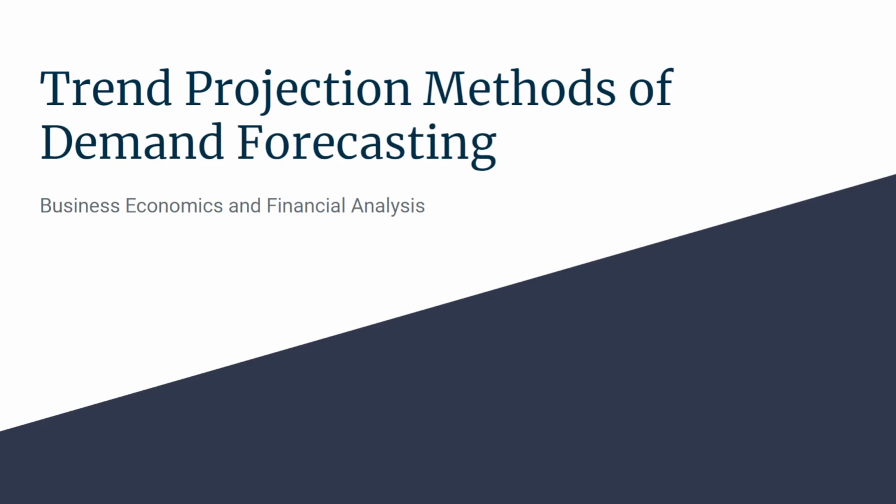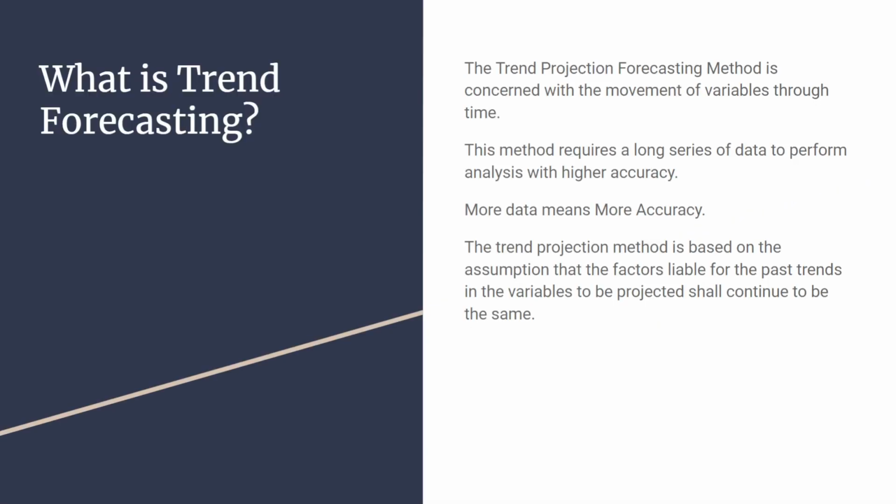This concept video on business economics and financial analysis is on trend projection methods of demand forecasting, and let's get started. So what exactly is trend forecasting anyway? Trend projection forecasting is a method concerned with the movement of variables through time.